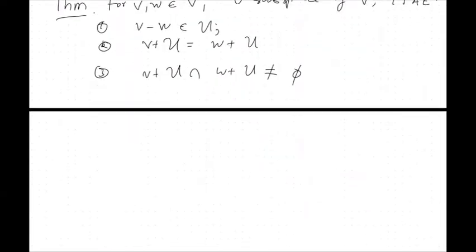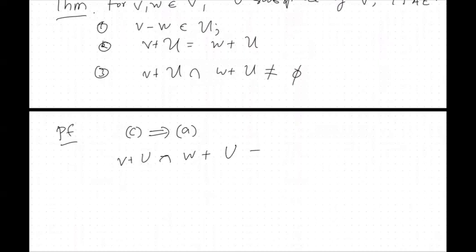I will just prove letter C implies A. Suppose that C holds. So v + U intersection w + U is not empty.